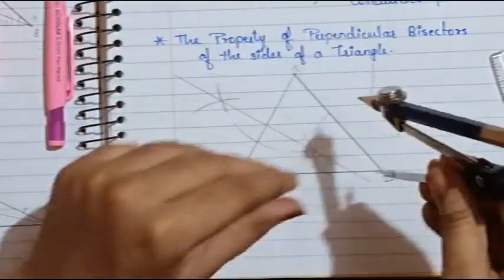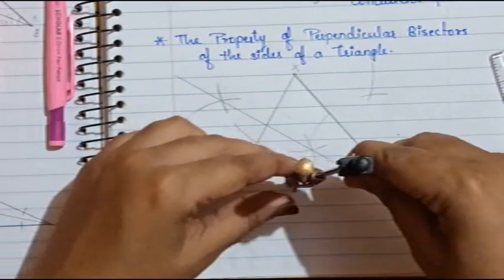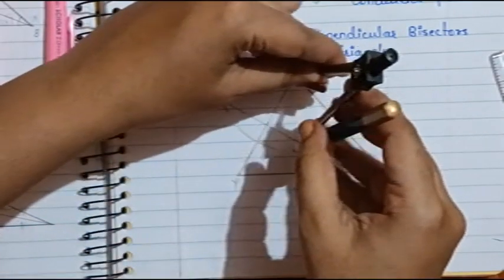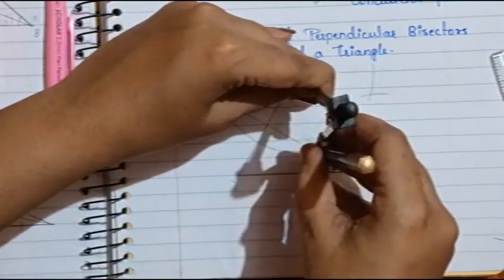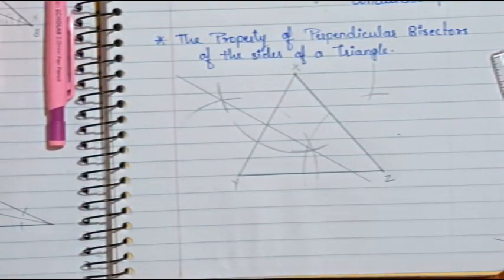Now from this point you all got one arc here and another one over here. So now to join these two, see, it's exactly similar because I have taken the same distance, but this is a confusing thing for you all also. Now students, I'll change the distance.